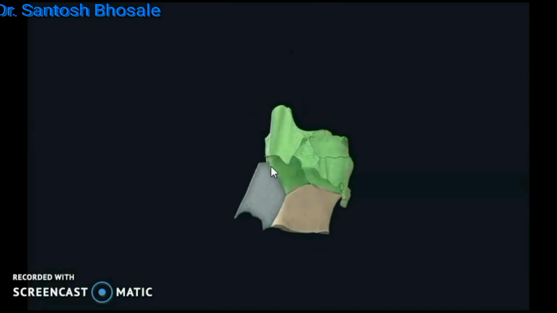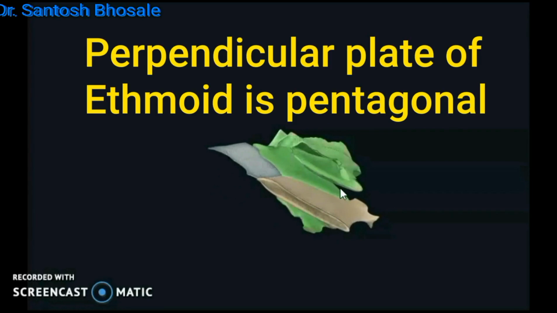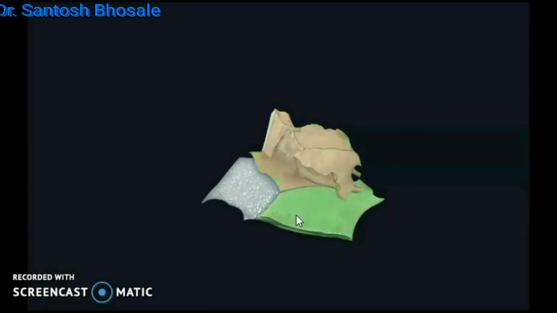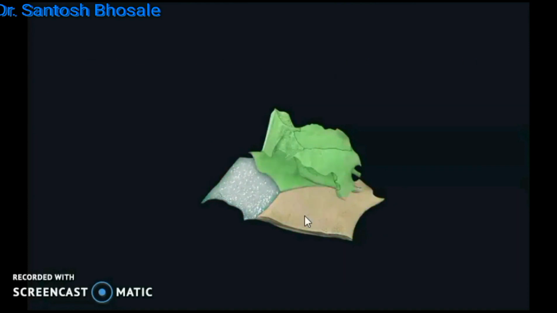Inferior nasal concha is an independent bone. You can see the part of the ethmoid in the nasal septum, that is pentagonal. You can see the superior border, posterior inferior border, anterior inferior border, and posterior border there. Whereas vomer is quadrilateral, and septal cartilage is roughly quadrilateral.